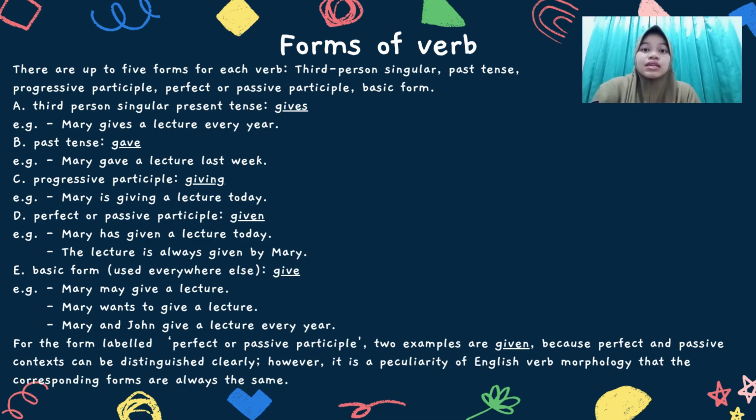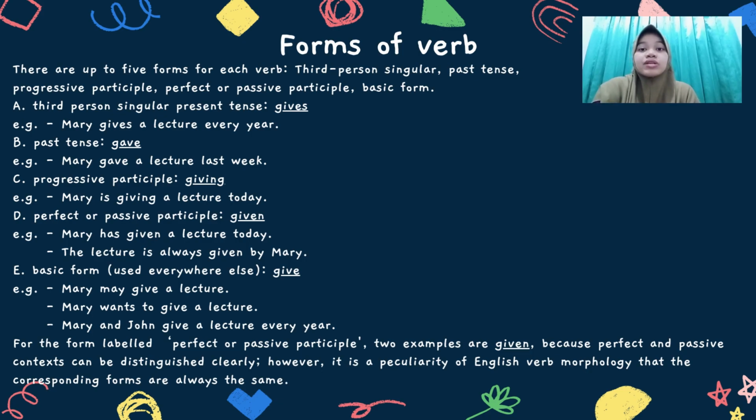And then D, we have the perfect or passive participle, given. For example, Mary has given a lecture today. The second is: the lecture is always given by Mary. And the last, we have the basic form, give. For example, Mary may give a lecture. Mary wants to give a lecture.